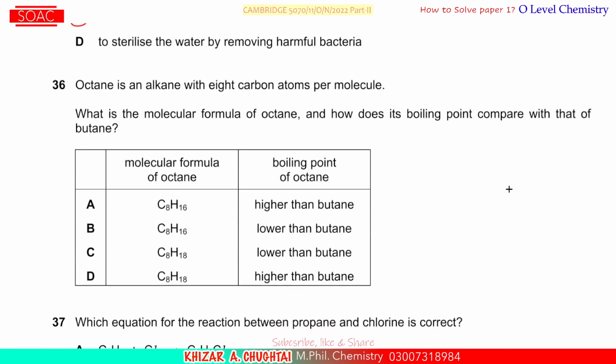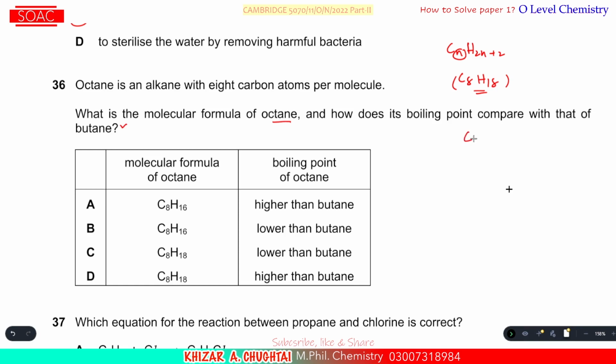Question number 36. Octane is an alkane with 8 carbon atoms per molecule. What is the molecular formula of octane? As it is an alkane, CnH2n+2. Here n is equal to 8, so C8H2 times 8 is 16, plus 2, 18. So this is the molecular formula. And how does its boiling point compare with that of butane?